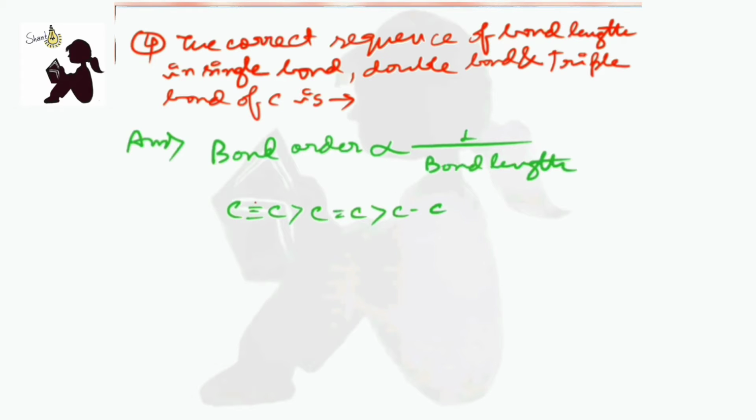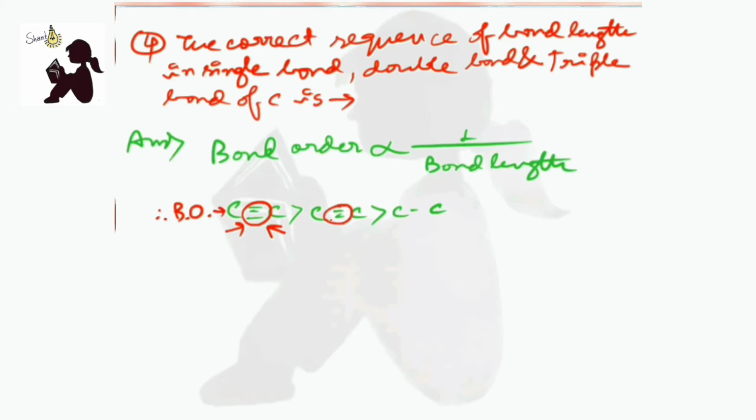another way, that is, it has 3 bonds here. So these 2 carbons will attract each other more, so eventually its bond length will be less. So if you don't get confused, it's the bond order series.